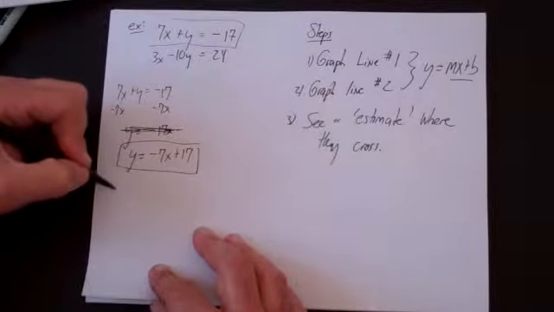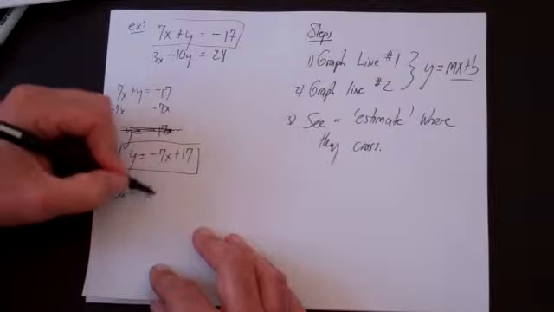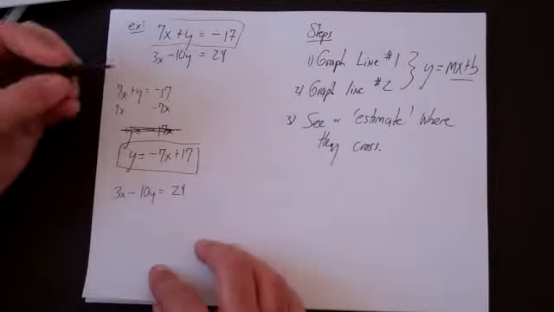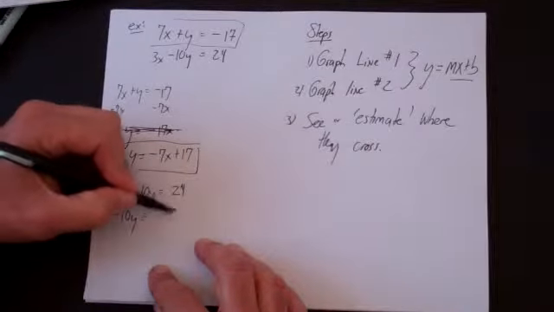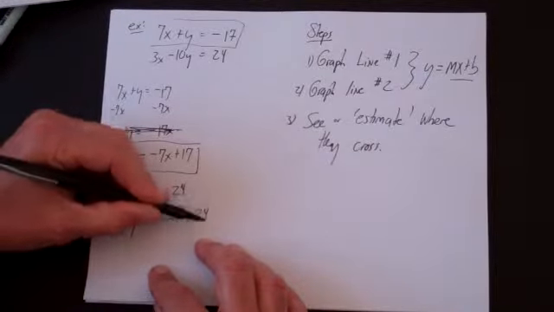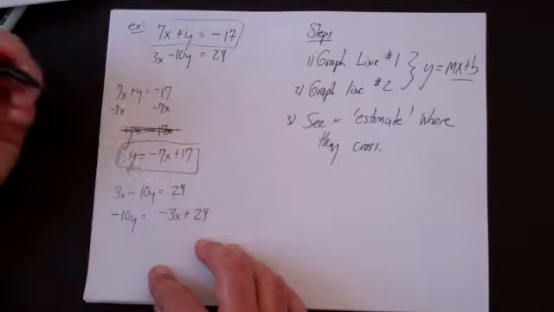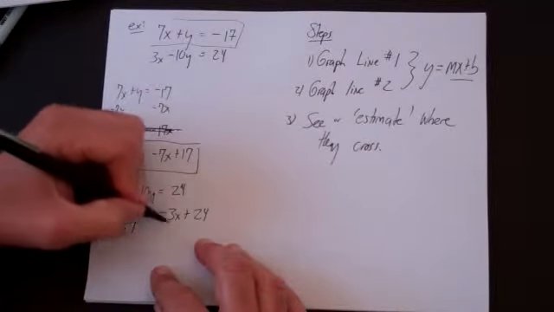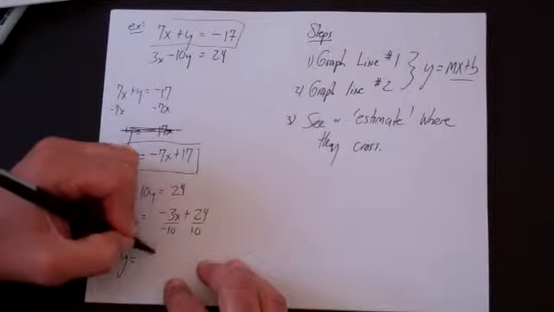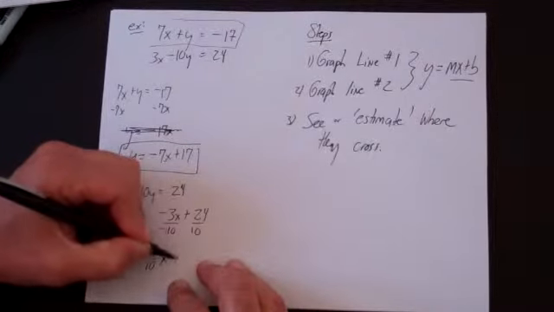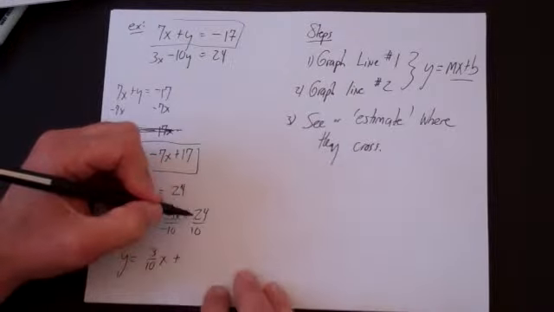And then the second equation, 3x minus 10y is equal to 24. Then I get minus 10y is equal to minus 3x plus 24, right? What I'm going to do is subtract 3x from both sides, and divide by negative 10. And I get y is equal to 3/10x plus 24 over 10.